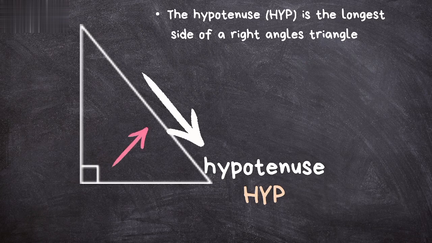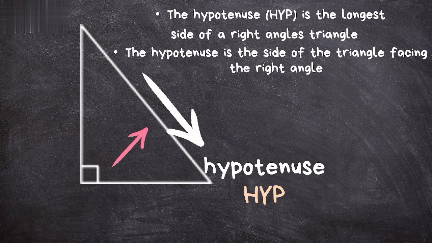Another way to also identify the hypotenuse is the side of the triangle facing the right angle. If you are given a right angle triangle, that side facing the right angle is the hypotenuse. So these are the two different ways you can identify your hypotenuse.